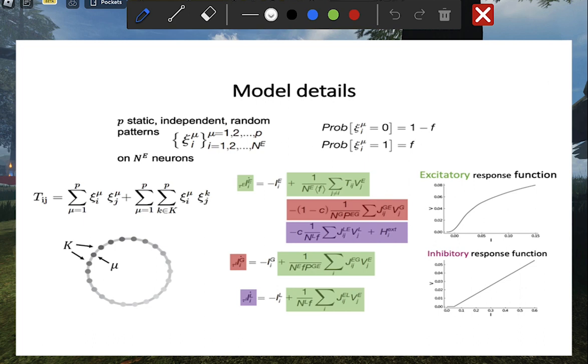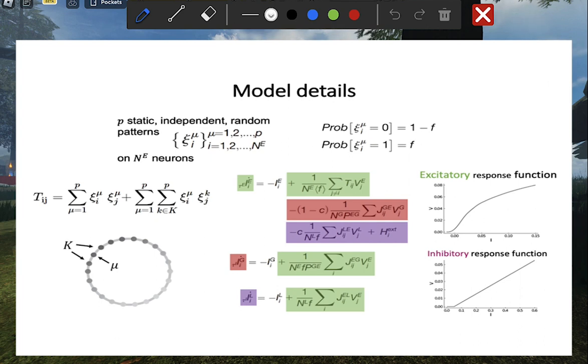So, for example, if we have 100 patterns, this will go from 1 to 100. And n superscript e is the number of excitatory neurons. And then we assign ones and zeros to this, so they sort of have a binary string.